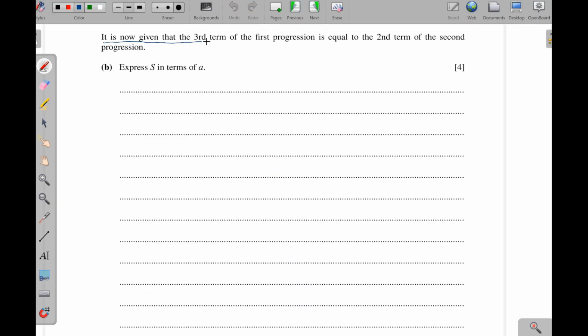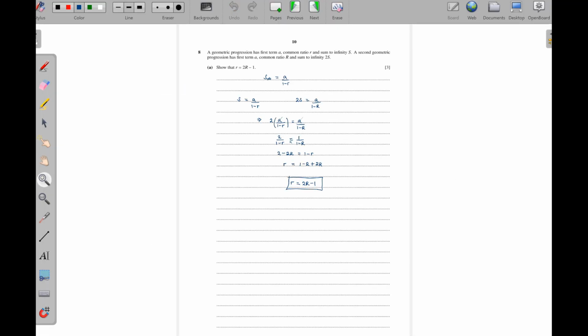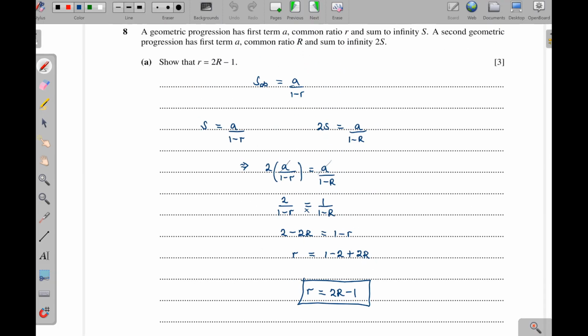It is now given that the third term of the first progression is equal to the second term of the second progression. Now the third term of a GP is given by a r squared. The common ratio of the first one is small r, and the first term is a.